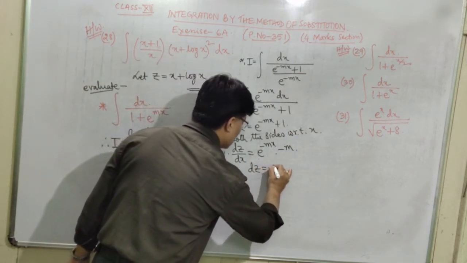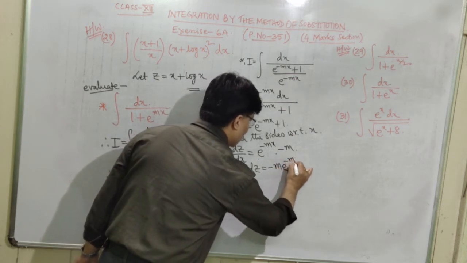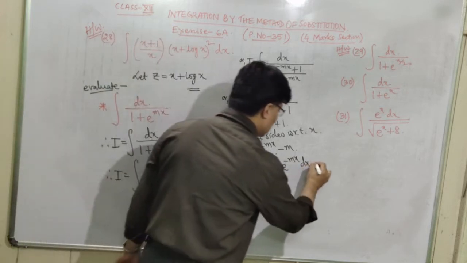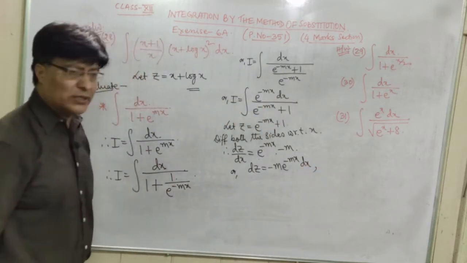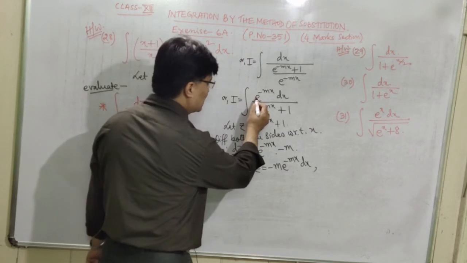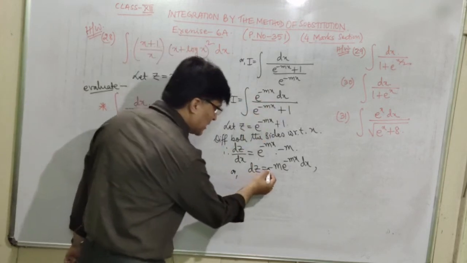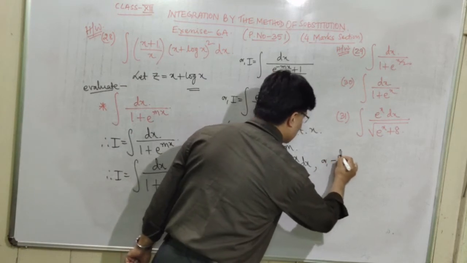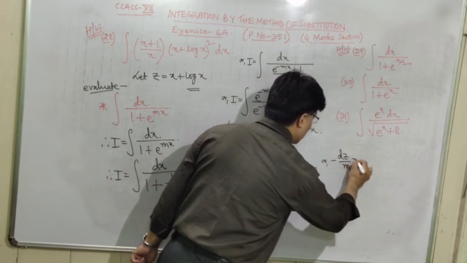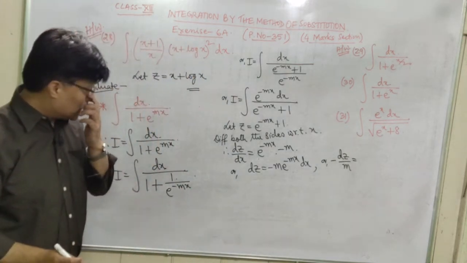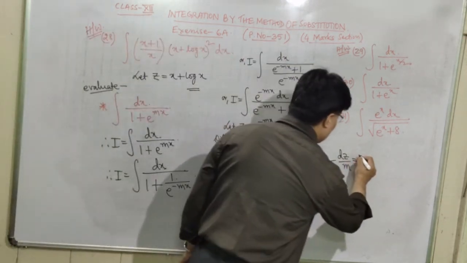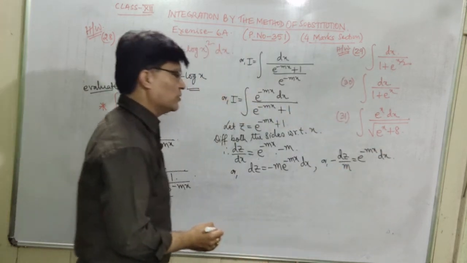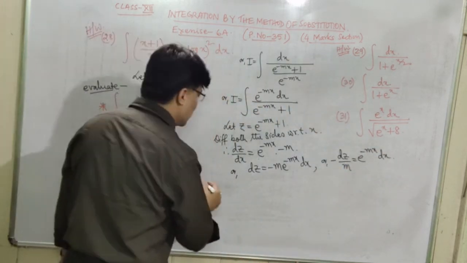So dz is equal to minus m e to the power minus mx dx, or what is the value for numerator, that is e to the power minus mx dx. Let us take this term minus m to the left hand side, or it is minus dz upon m is equal to e to the power minus mx dx. Okay, so we have got the value of the numerator.